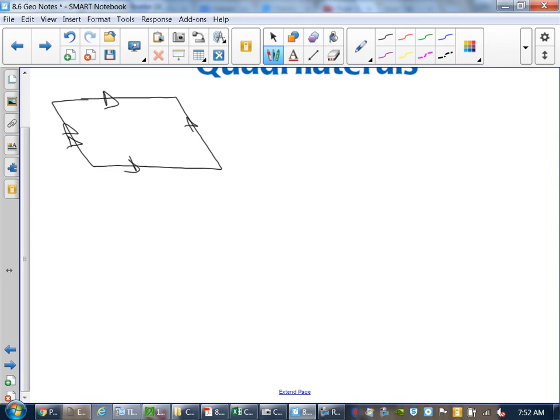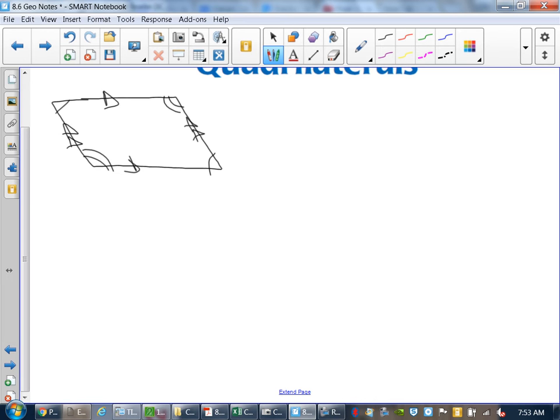What else? Angles are similar on each side. On each side, the angles are the same? Opposite. Yeah.